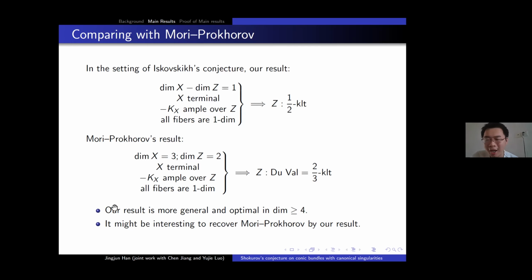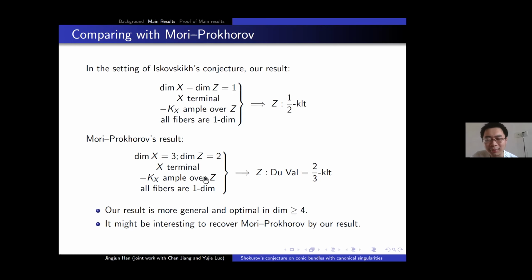And so what I would like to emphasize is that our result is more general and optimal in the case when the dimension of X is larger than or equal to 4. Because in this case, this example shows that the singularities of Z are of 1/2-KLT, so we could not improve the singularities of Z in the high dimensional case.